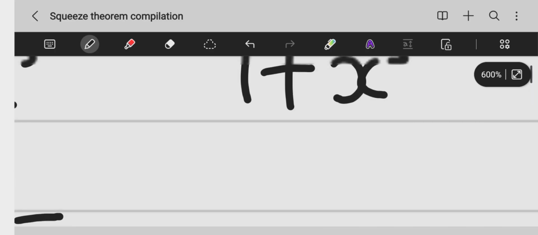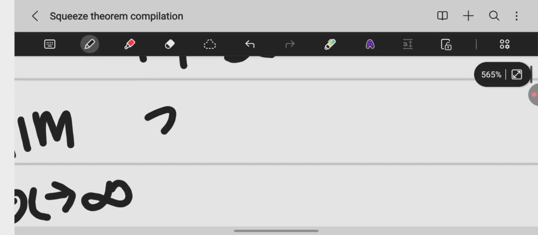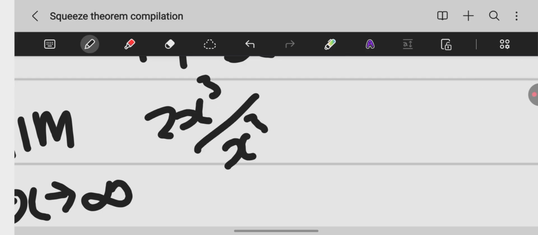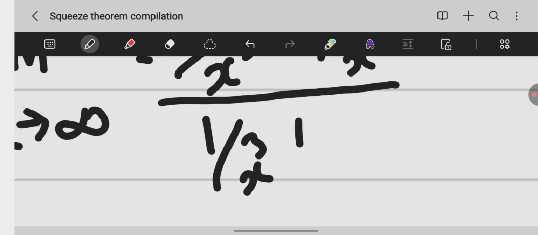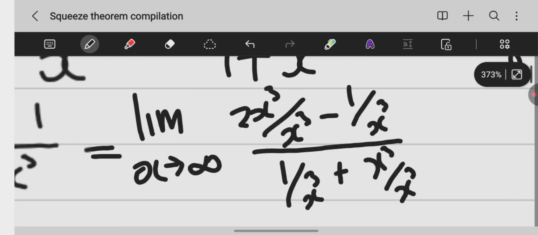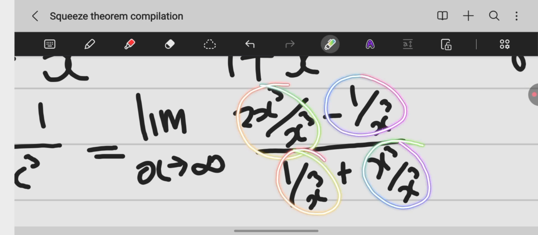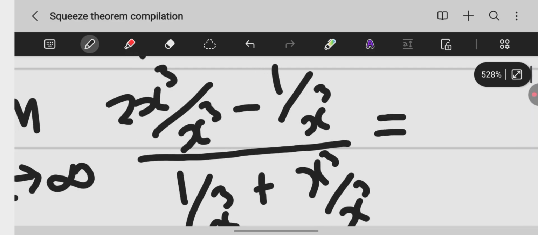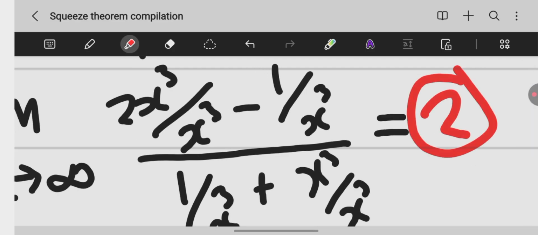So you would now have the limit as x approaches infinity of 2x cubed all over x cubed, sorry, that's minus 1 over x cubed, all over 1 over x cubed plus x cubed over x cubed, right? And this would give you 2, 0, 0, and 1, and your answer is basically 2 over 1, which you can just write as 2. So your answer for this is 2.